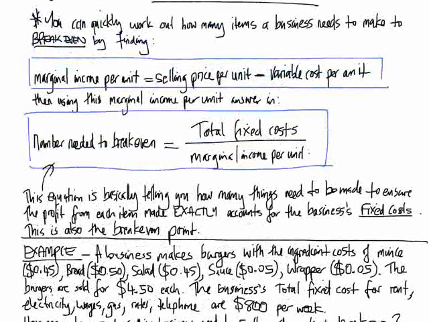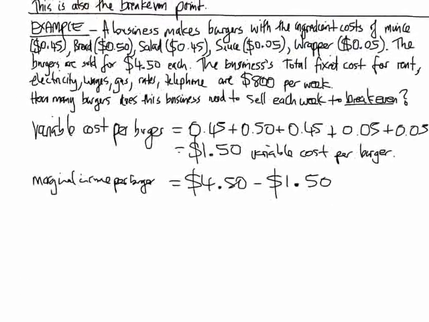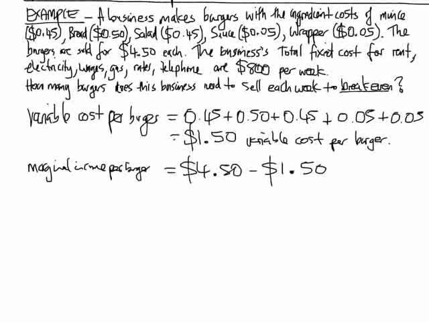Just check again. That's here. All we're doing is this right now to work out the income, how much money they're getting from every burger that they sell. $4.50 take $1.50 is going to be $3. They make $3 on every burger that they sell.